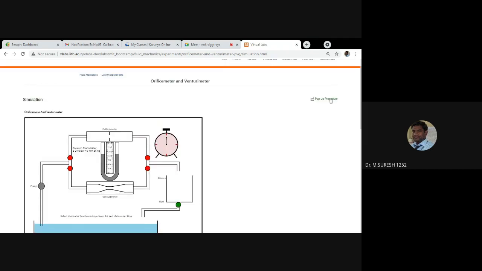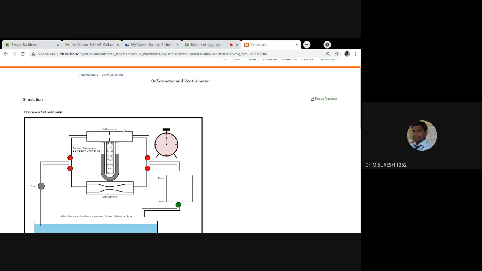If you click on this procedure, we can see a second screen. These 15 procedure steps will be there. Yes, sir. So you can read these procedures and do the reading taking.